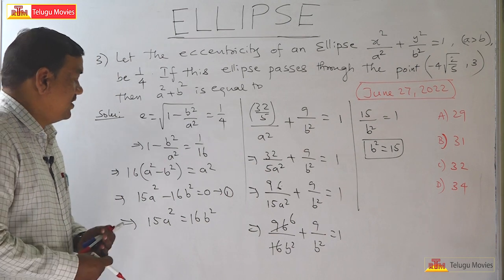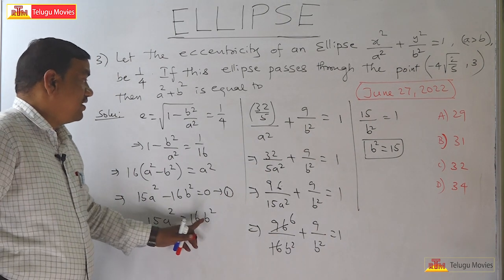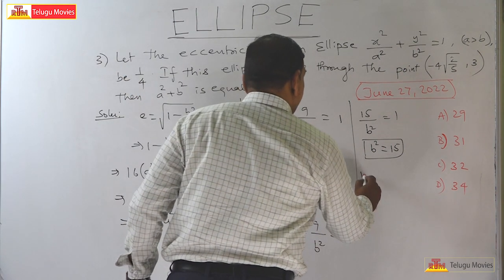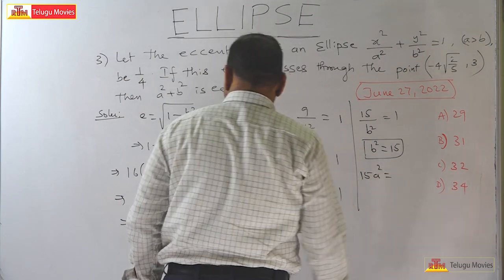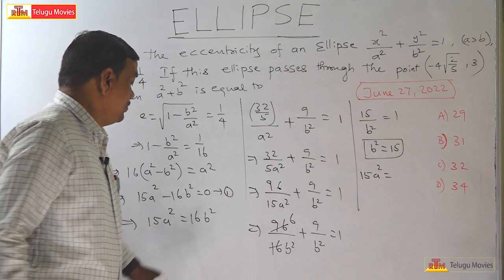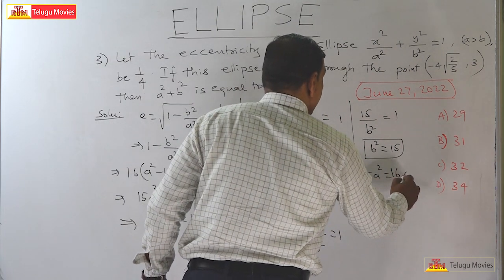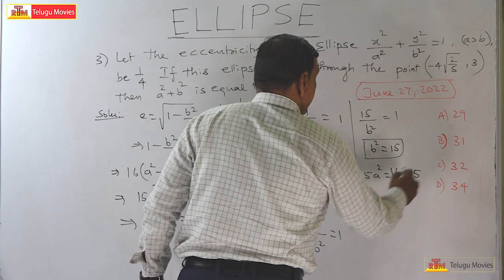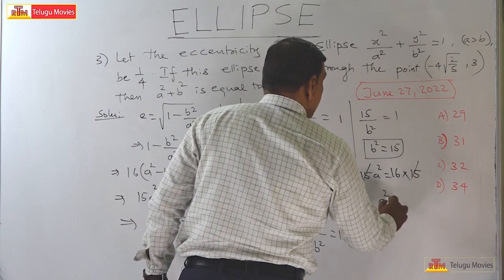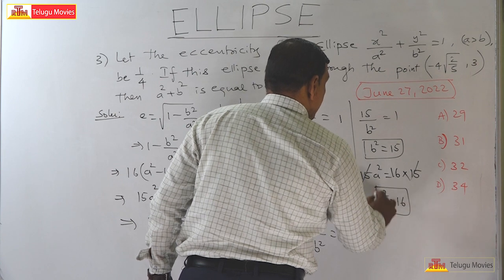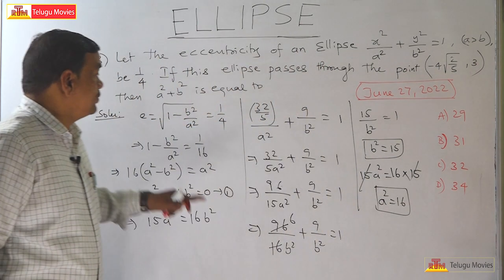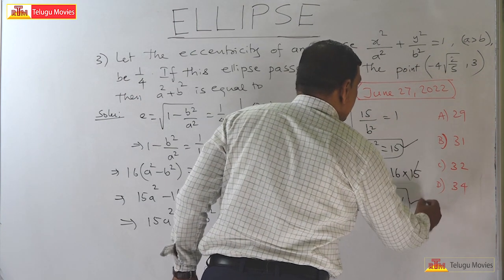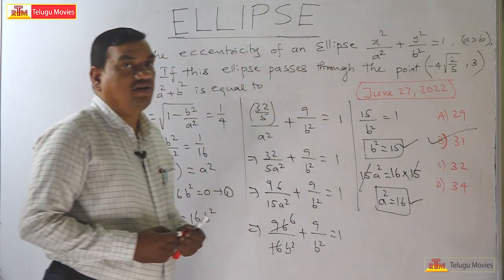Now put b square equal to 15 here: 15a square is equal to 16 into 15. The 15 cancels, so a square is equal to 16. Therefore, a square plus b square is equal to 15 plus 16, which is 31. That is the right answer.